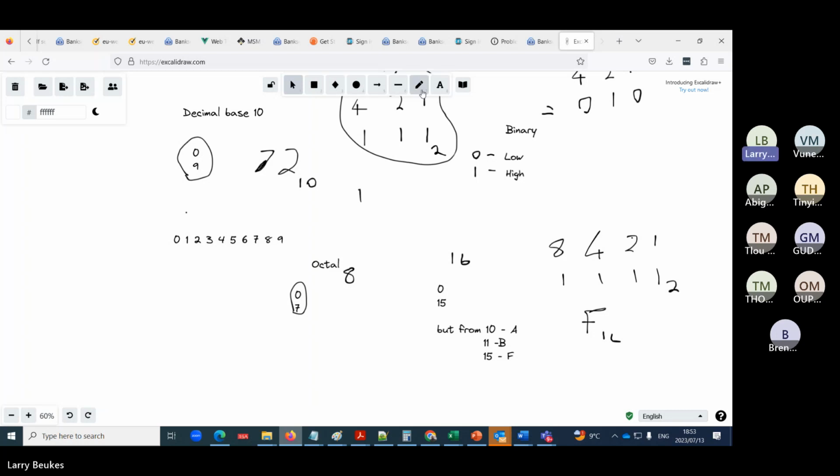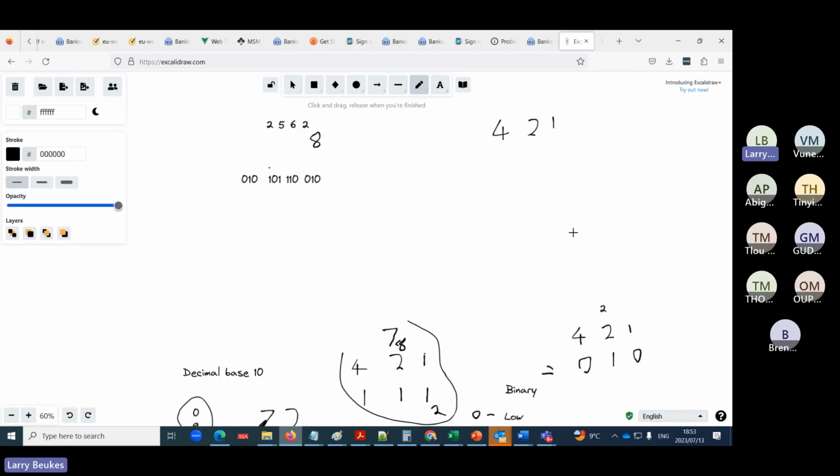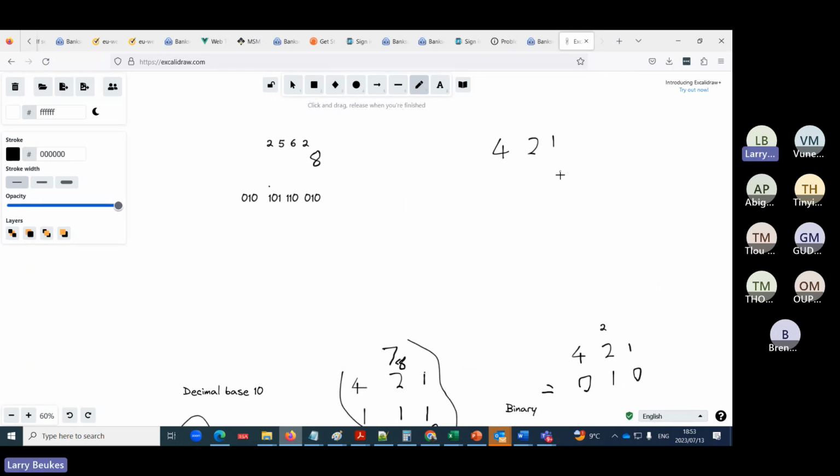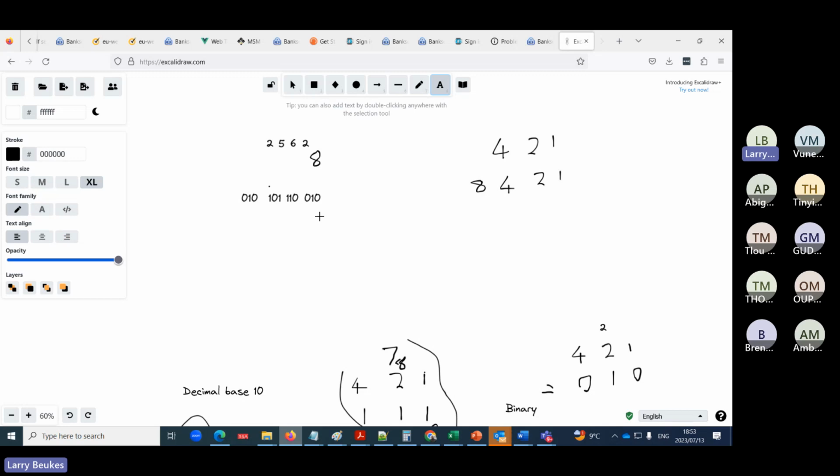So now we need to have, on the side, 1, 2, 4, 8, right? But now before we go there, let's just group into 4s. So this is the trick.